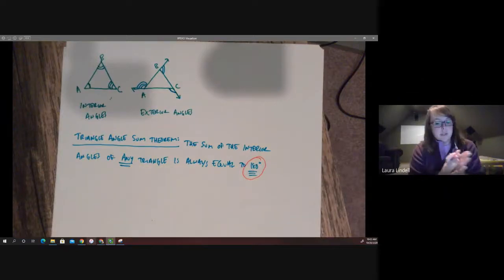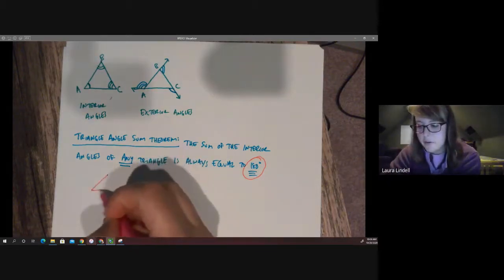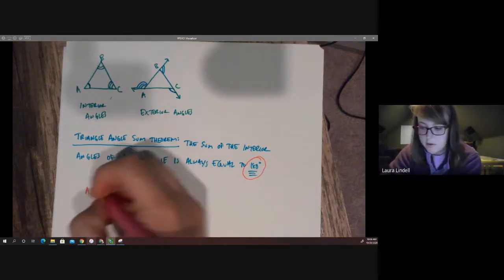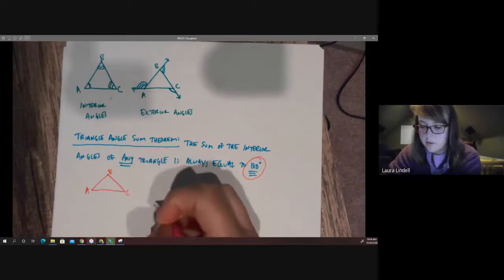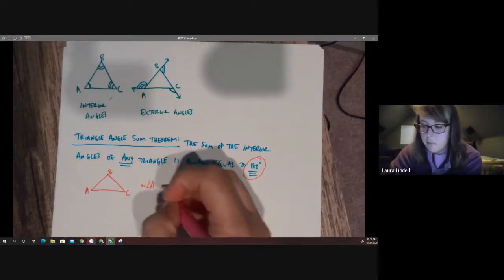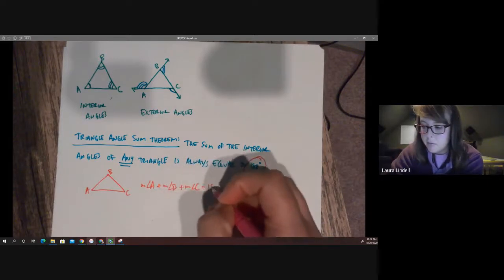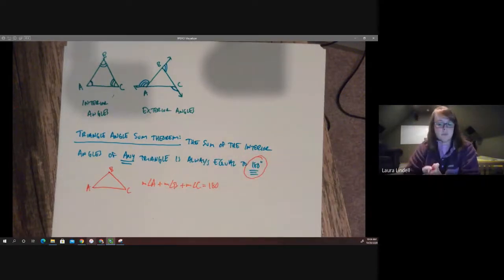So that makes it really nice if I have a missing angle and I need to find it. So if I have a triangle here, if I was going to illustrate this with the angles here, measure of angle A plus measure of angle B plus measure of angle C is going to be equal to 180. Okay.